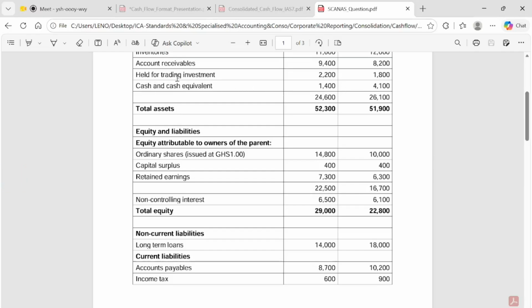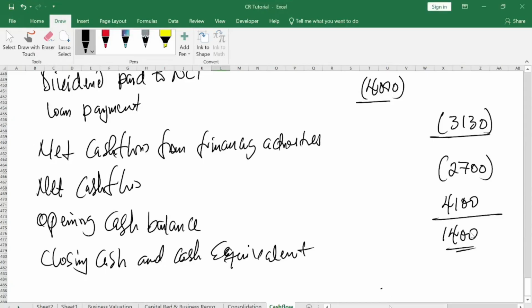How much is it? 1,400. Is it the same as this one? Yes. So if your closing cash and cash equivalent is not the same as the closing in the question, then your answer is wrong. Do you understand? Yes, sir.